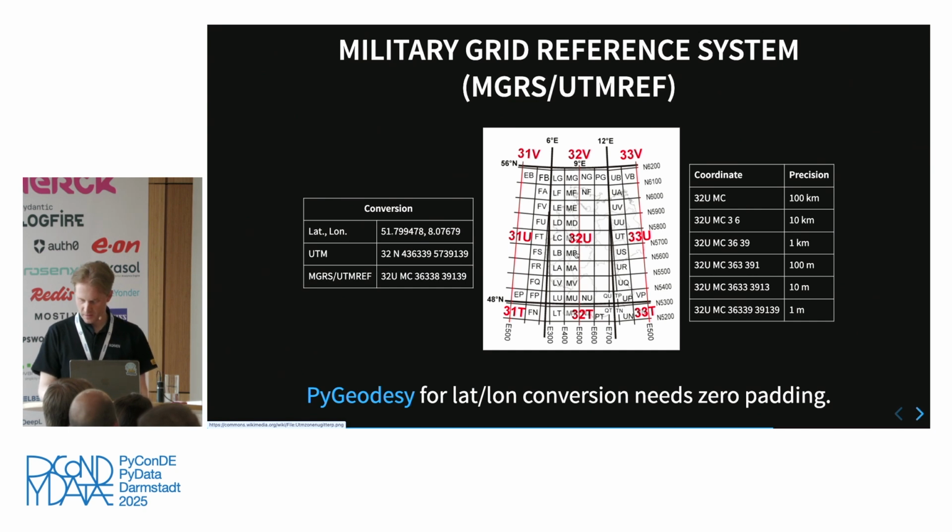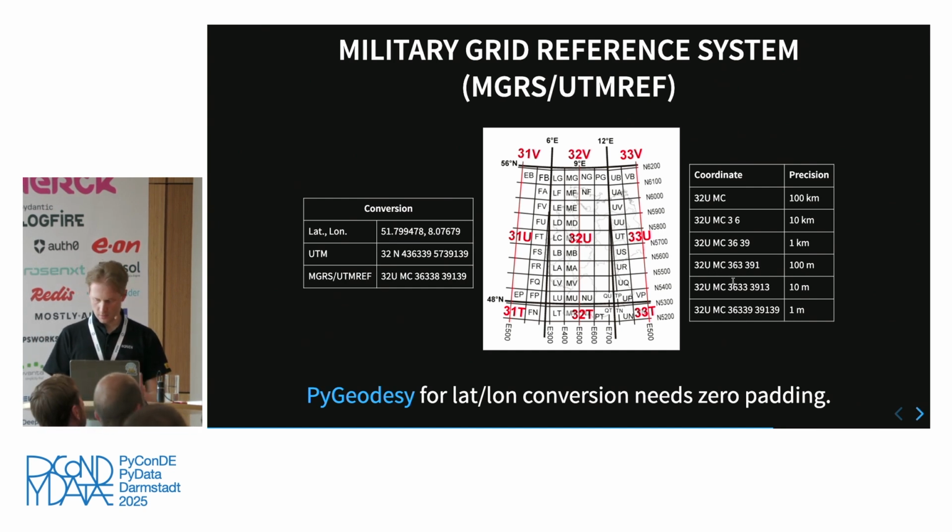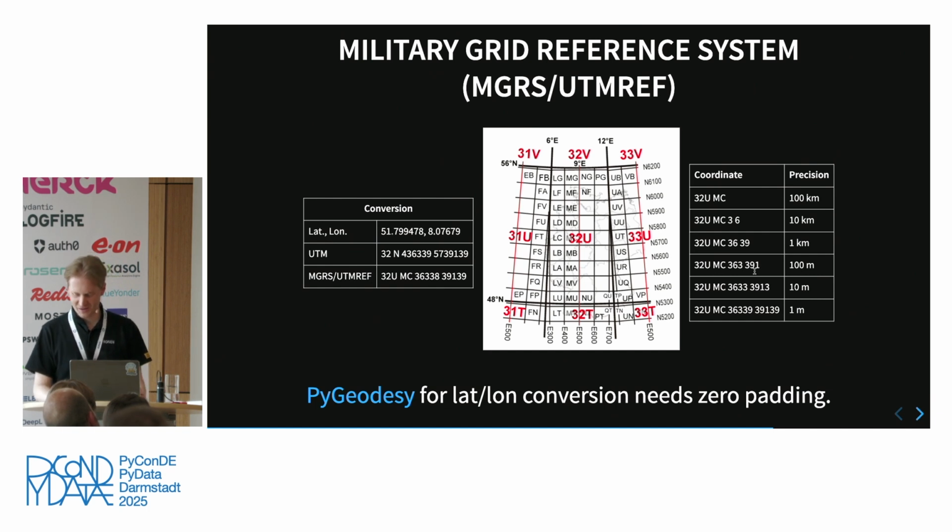I didn't check. The precision within this square depends on the number of digits after a coordinate, like in this format. So for typical applications, in case of a disaster response, a resolution of 10 or 100 meters would be totally fine.